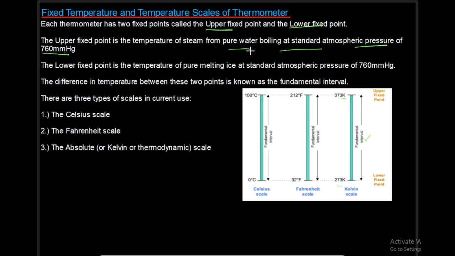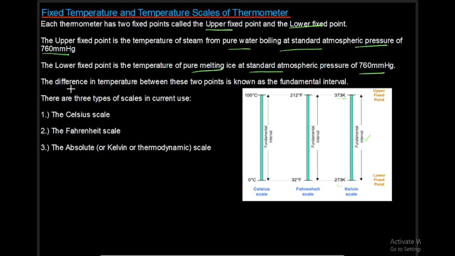The lower fixed point is the temperature of pure melting ice at standard atmospheric pressure of 760 millimeter mercury.